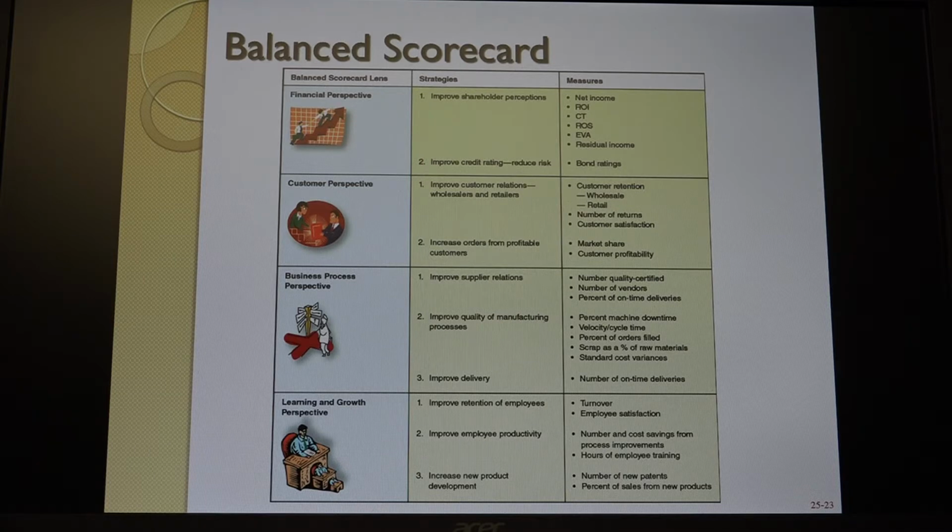So we've kind of gone over the financial perspective, but looking at some of the others, notice that financial perspective is pretty black and white, although, again, subject to manipulation, but at least the numbers are the numbers.